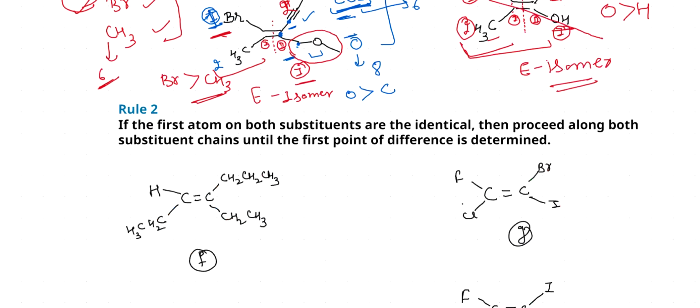Always remember one more thing: if the first atoms on both substituents are identical, like in the first case where the first atom was the carbon, then proceed along both substituent chains until the first point of difference is determined. So molecule F, just a second.